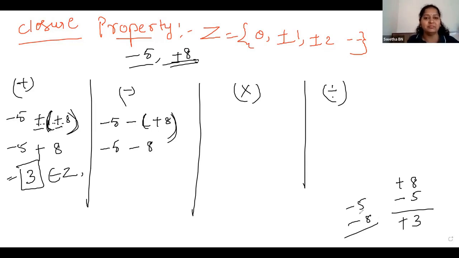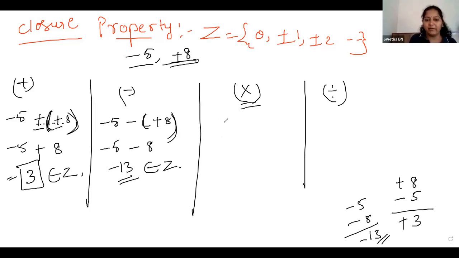What should we do? Everyone tell me. We have to add. 8 plus 5 is 13. But which sign should we put? Yes, -13. Does -13 belong to the set? Is this an integer? Yes, -13 is an integer. It belongs to Z. Okay, children.